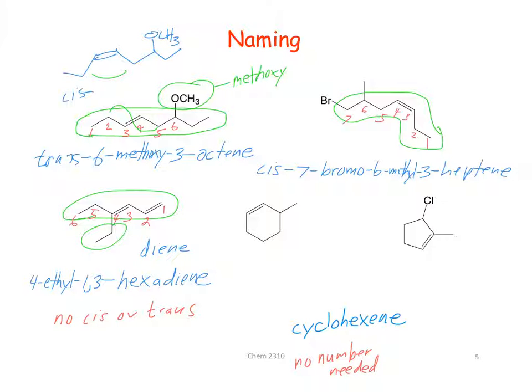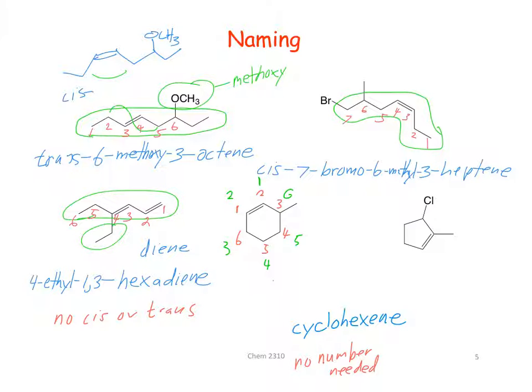Alright, so we're going to number it. We have two possible ways, though. We could number it from this side and number it clockwise. Or we could number it from this position and number it counterclockwise. Like that. So which way do you think we should count it?